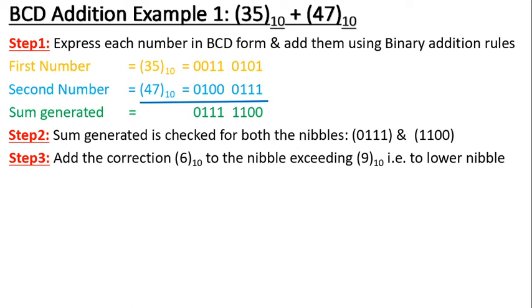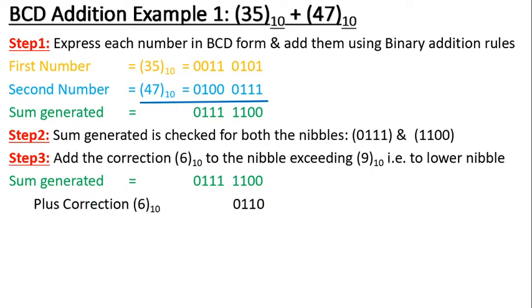Add the correction 6 decimal to the nibble exceeding 9. In this particular example the lower nibble is exceeding 9. The upper nibble is well below 9. Then in the subsequent step we rewrite the sum generated from step number 1 itself, and then the correction is to be added, plus the correction 6 decimal.